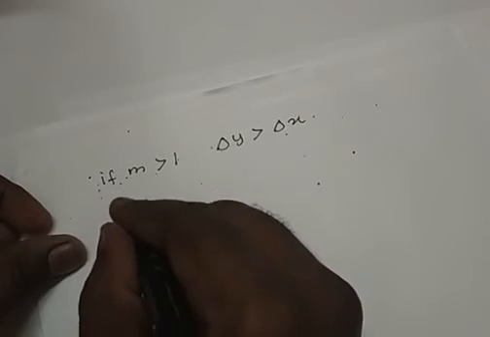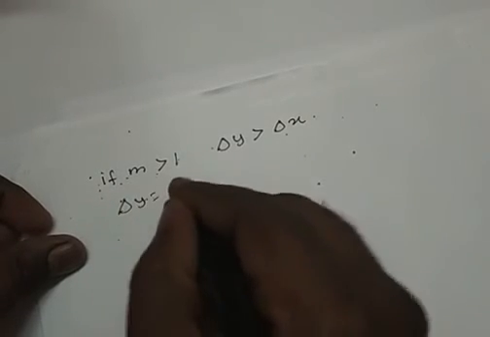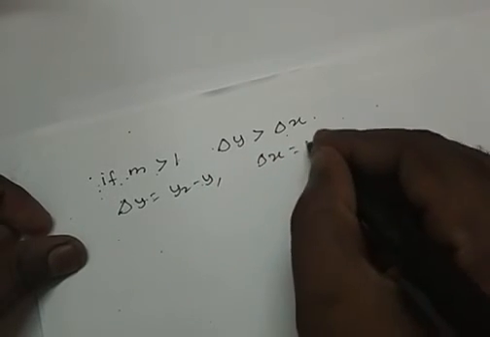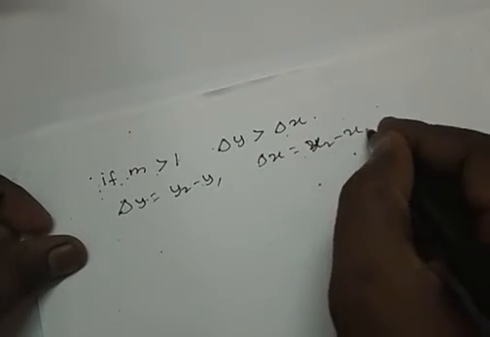Now what will happen if the m value is greater than 1? That means the del y value is greater than del x. Then how will you compute it? You know that del y is equal to y2 minus y1 and del x is equal to x2 minus x1.